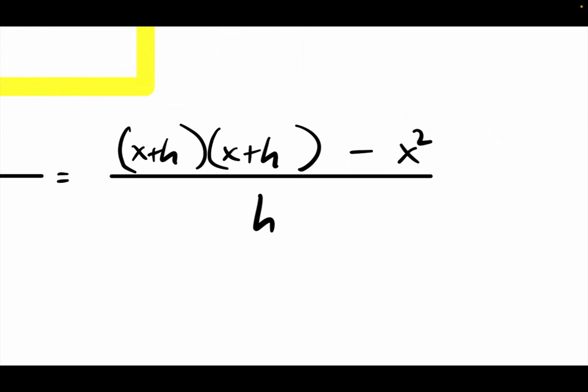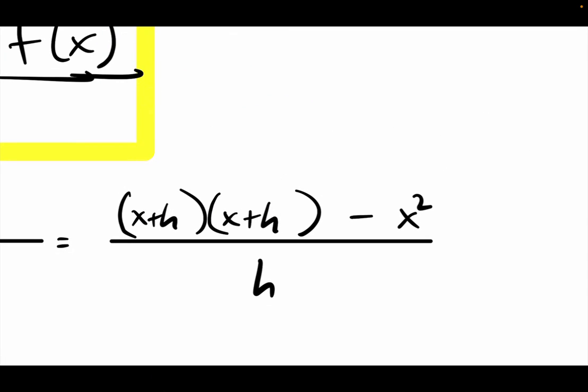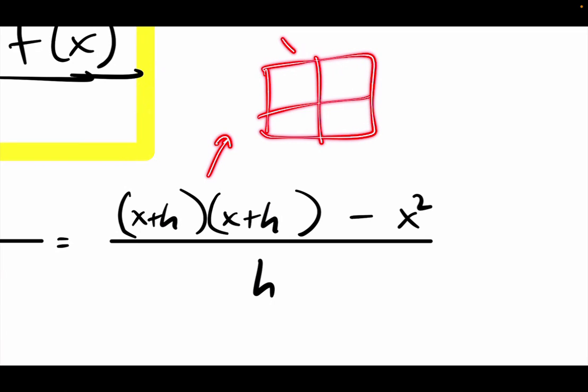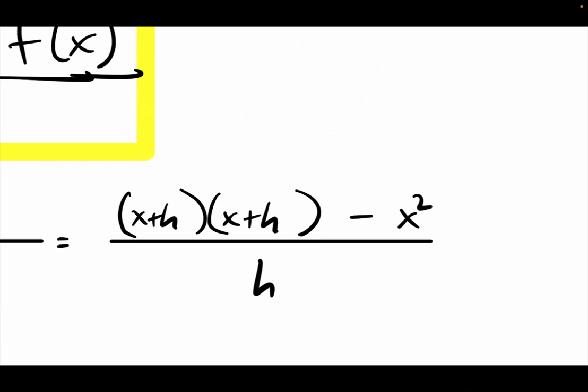You could do FOIL, first times outer times inner times last, or you can do a multiplication table, x plus h over x plus h, and do it that way. However you're comfortable doing it, that's what we've got to do for these two guys. Okay, I'll use FOIL since I think FOIL's easier. I do the multiplication table in Math 3 just to be more visual, but in calculus I do the FOIL method. It's the same method.